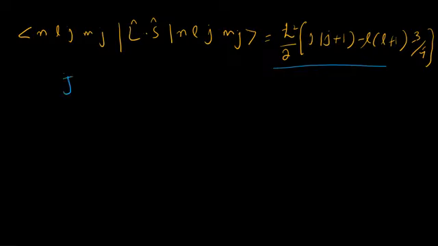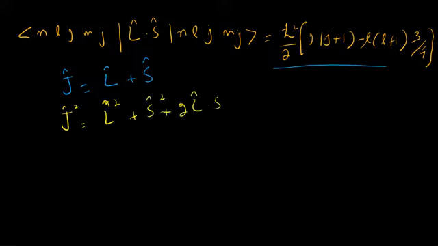As you know, J, the total angular momentum, is the sum of orbital angular momentum and spin angular momentum. So what will be the value of J squared? J squared is equal to L squared plus S squared plus 2 L dot S. So 2 L dot S is equal to J squared minus L squared minus S squared.